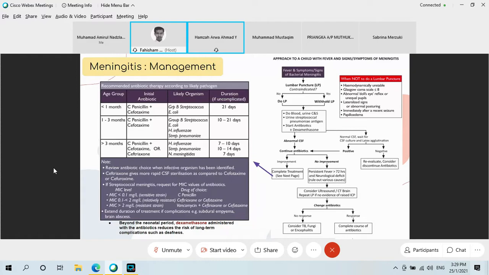So what question do you need to ask when you suspect a child less than 1 month old who has meningitis, features of meningitis? So what history should you be asking?